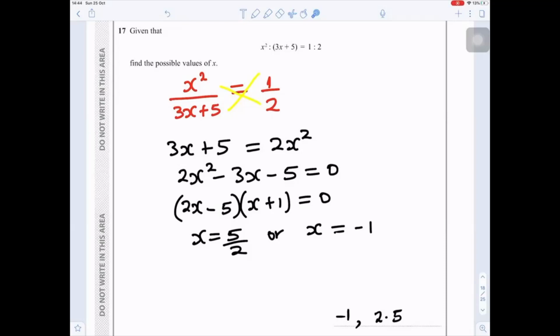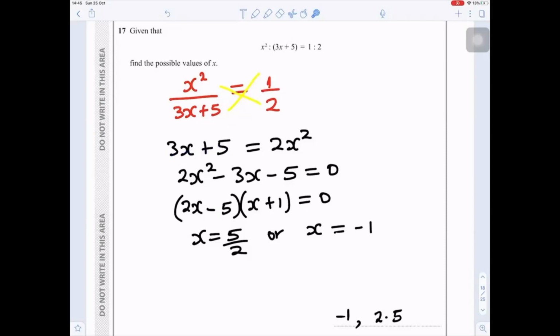Now, to solve this for value for x, we use a technique of cross multiply to change it to linear form. So the top, x squared times 2, that gives 2x squared. 3x plus 5 times 1 gives 3x plus 5.